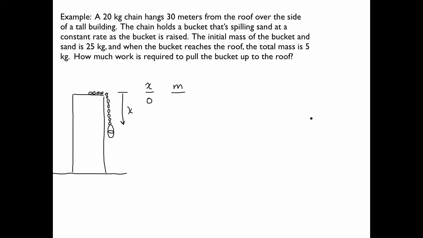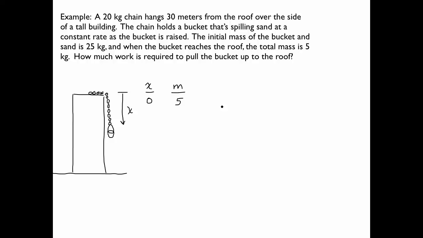So the total of chain and bucket and sand is? So how much mass due to the chain right before we're finished? 0, right? Virtually there's no chain left. And then how about the sand and the bucket? When it reaches the roof, our mass is 5. Just read the problem, right? It says 5. Okay?